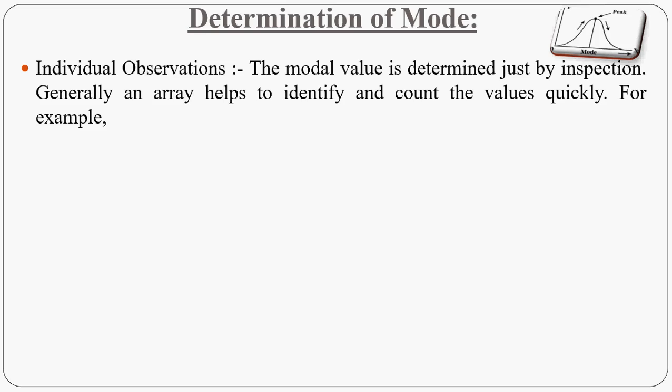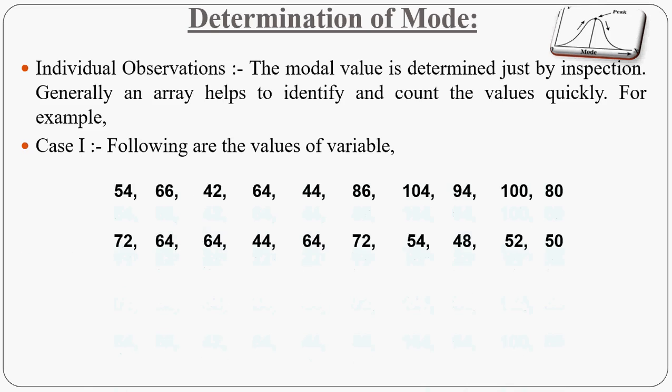Generally, an array helps to identify and count values quickly. For example, following are the values of a variable. Dear students, carefully observe this example. Tell me which number is repeated the most number of times.